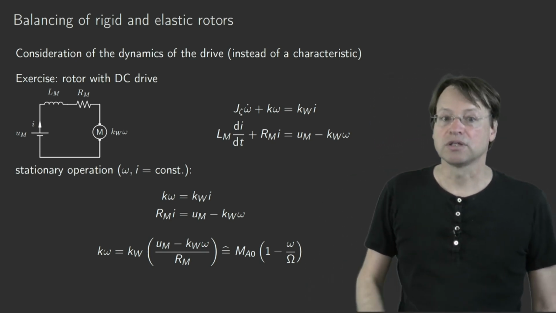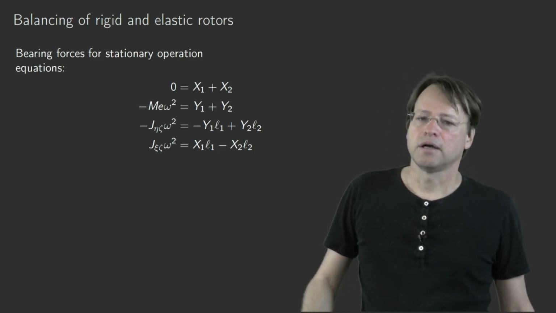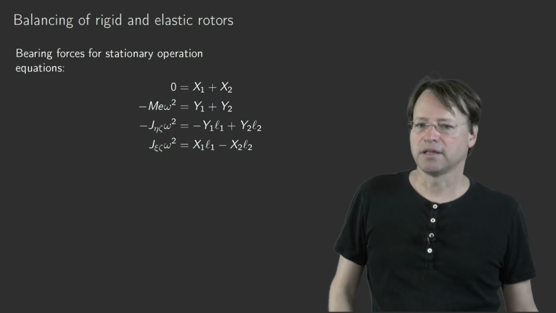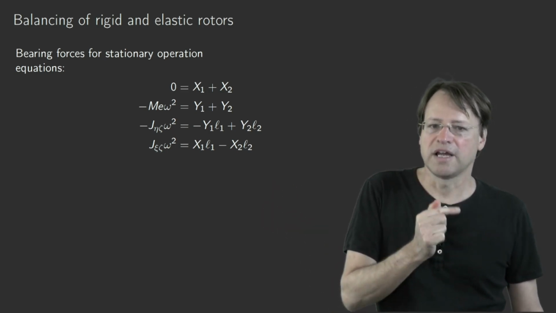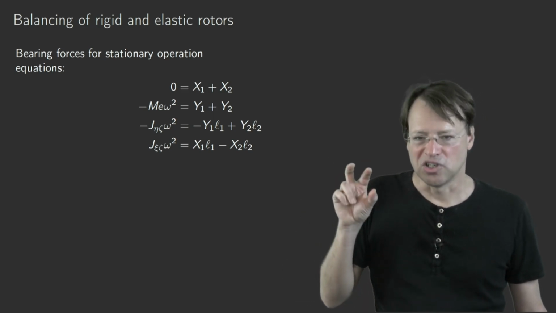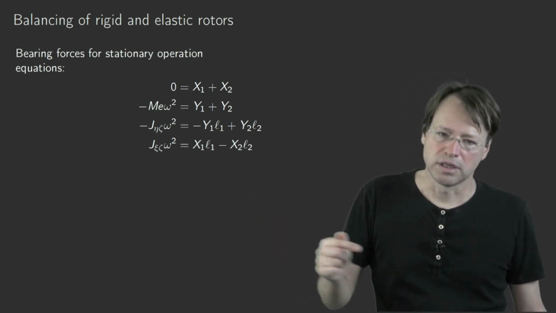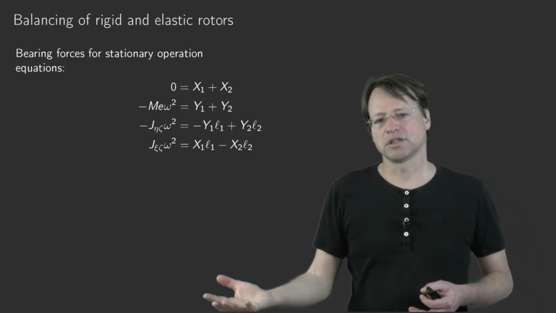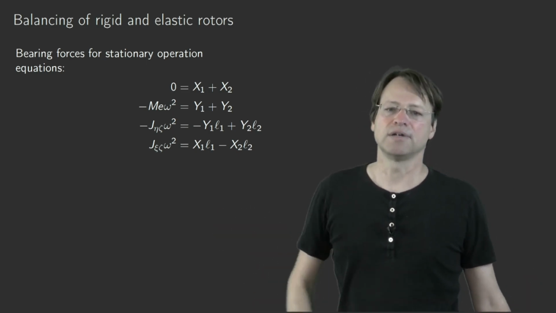Namely, we assume now that we are in a stationary state, and then our remaining 4 equations of motion. Keep in mind that we have already studied the third equation for the angular momentum balance, which leads to the stationary operation, and we have lost the third equation of the linear momentum balance because it's just a trivial equation, 0 is equal to 0, because we have no axial bearing here.